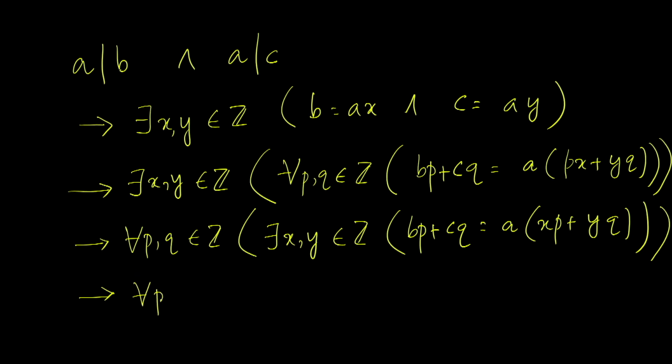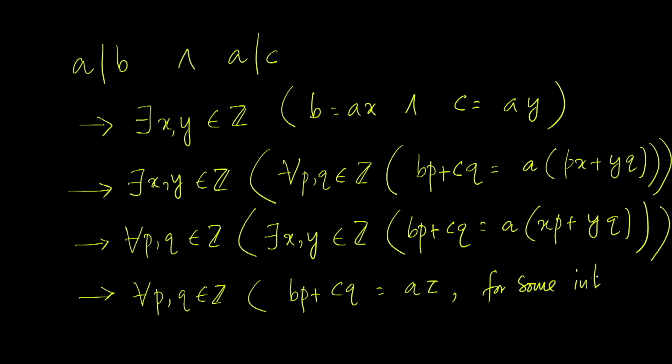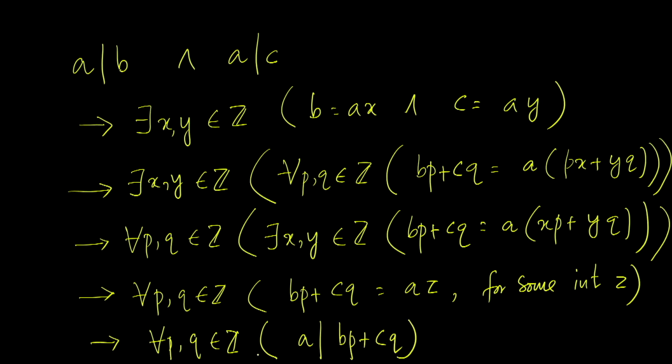Or in other words, for every pair of integers p and q, bp plus cq is az for some integer z. In other words, for all p and q which are integers, bp plus cq is a multiple of a, or a divides bp plus cq, and that is precisely what we wanted to show. For any pair of integers p and q, the linear combination of b and c is a multiple of a.